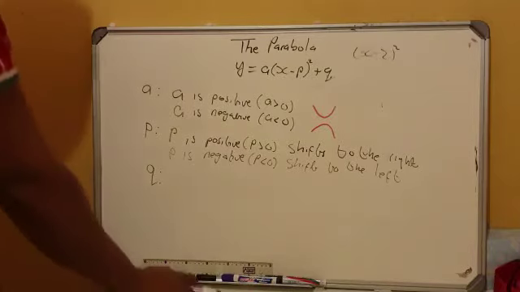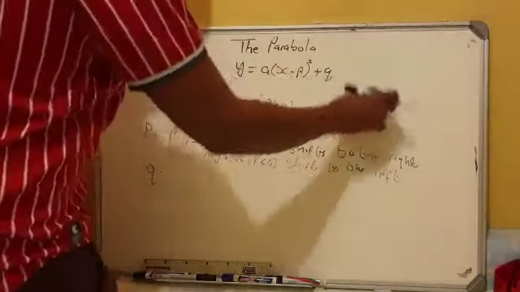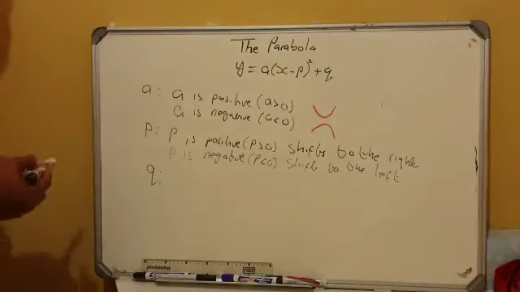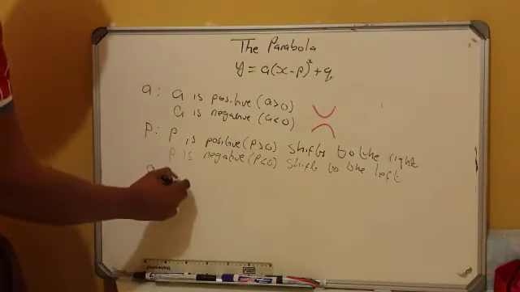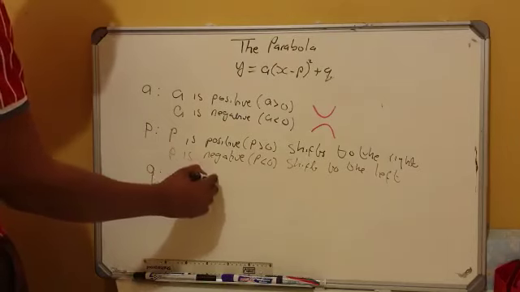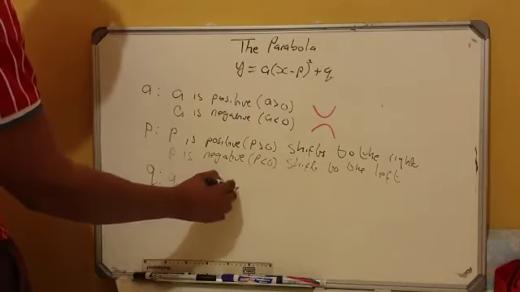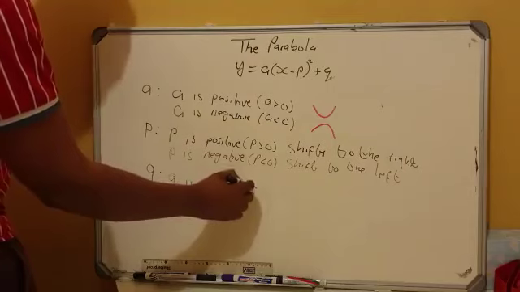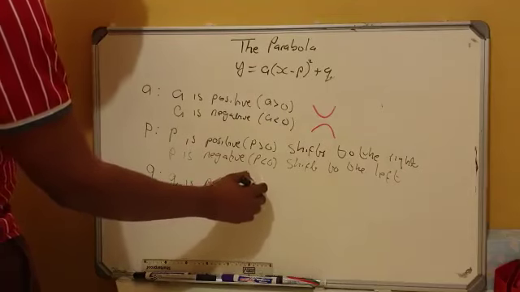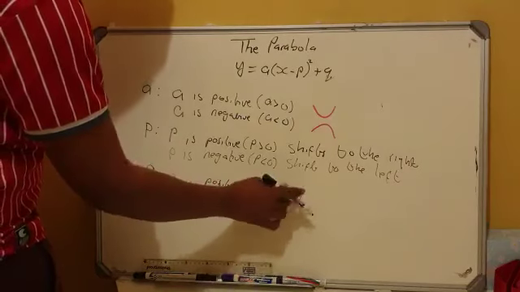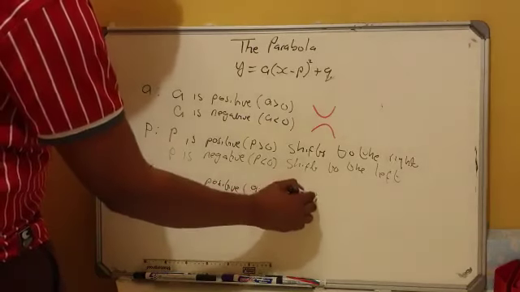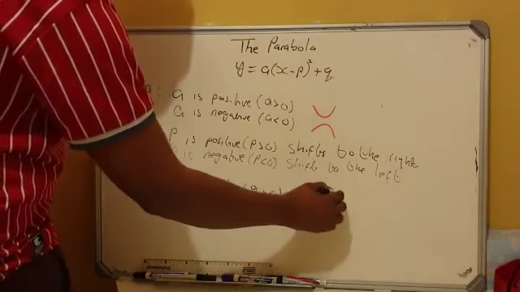And then now we discuss q. When q is positive, when it is a positive value, which means q greater than 0, the graph will move or shift upwards.